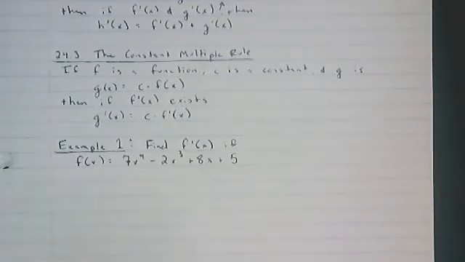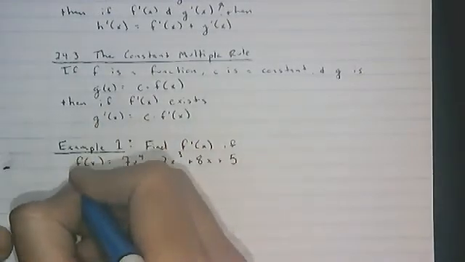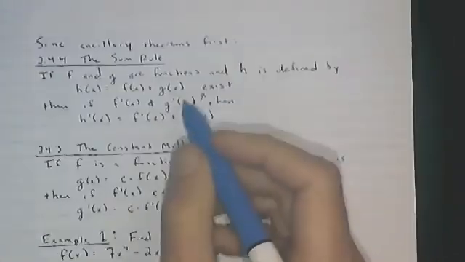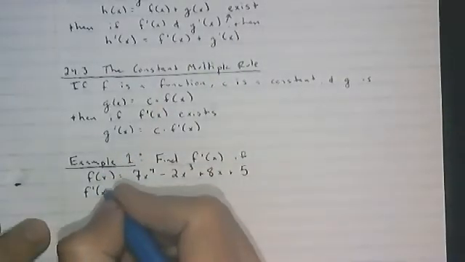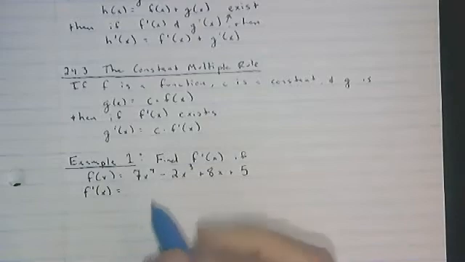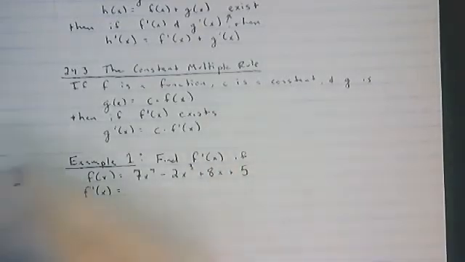let's just breeze through this. Applying the sum rule, and we could have put a difference rule as well, we can break this into a sum of 4 different derivatives.